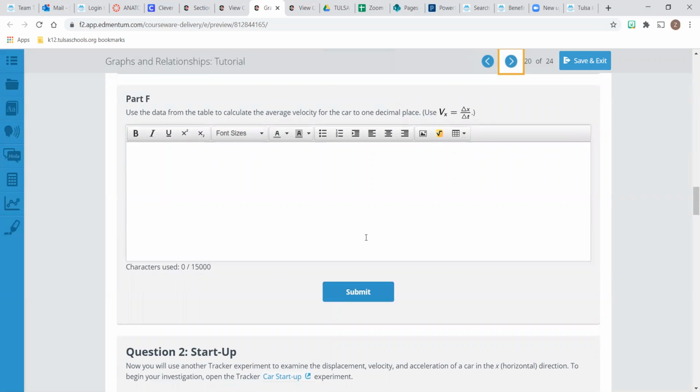Use the data from the table to calculate the average velocity for the car to one decimal place. So remember, the velocity is the change in distance divided by the change in time. The change in displacement divided by change in time.